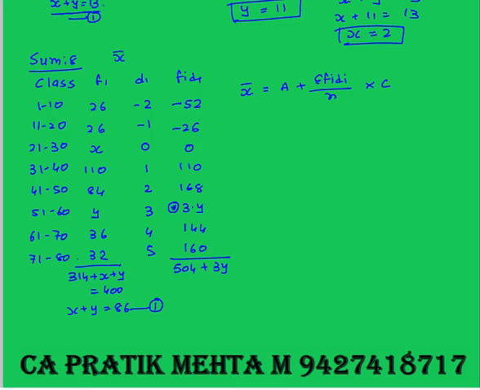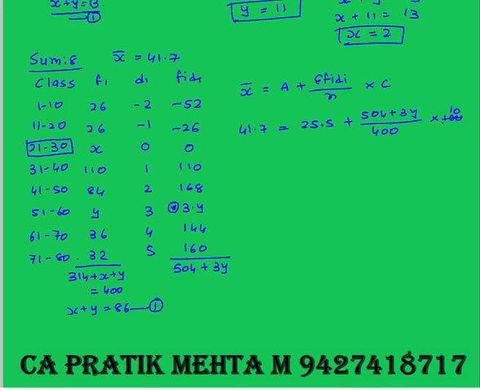So x bar is equal to 41.7, is equal to a, which is the assumed mean, the mid value of the class where 0 was taken. So that is 21 to 30, and its mid value is 25.5, plus sigma fidi, that is 504 plus 3y, divided by n which is 400, and the class interval is 10.